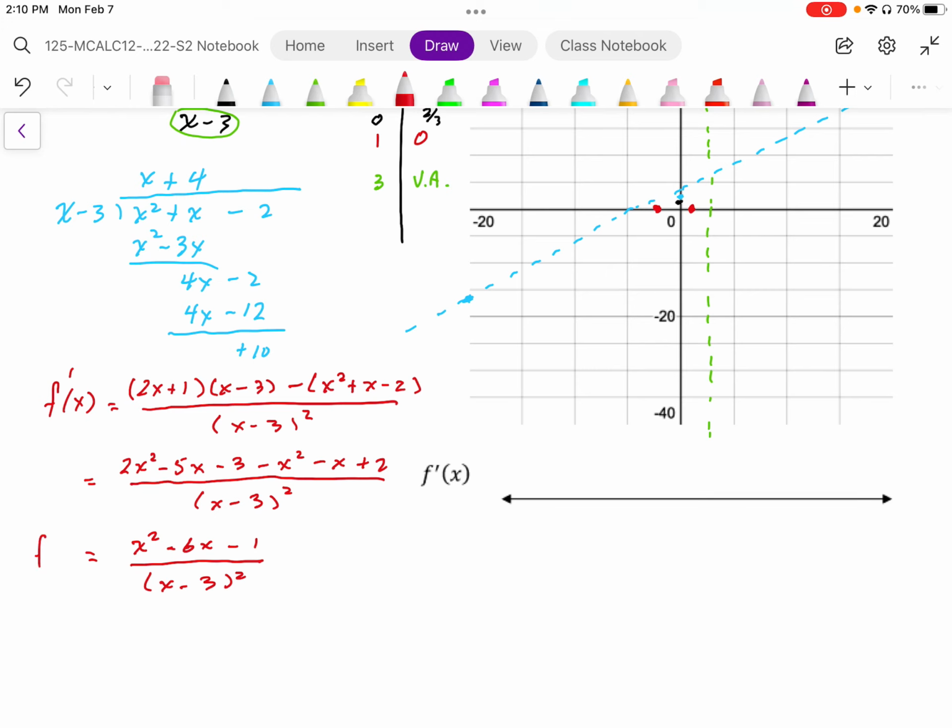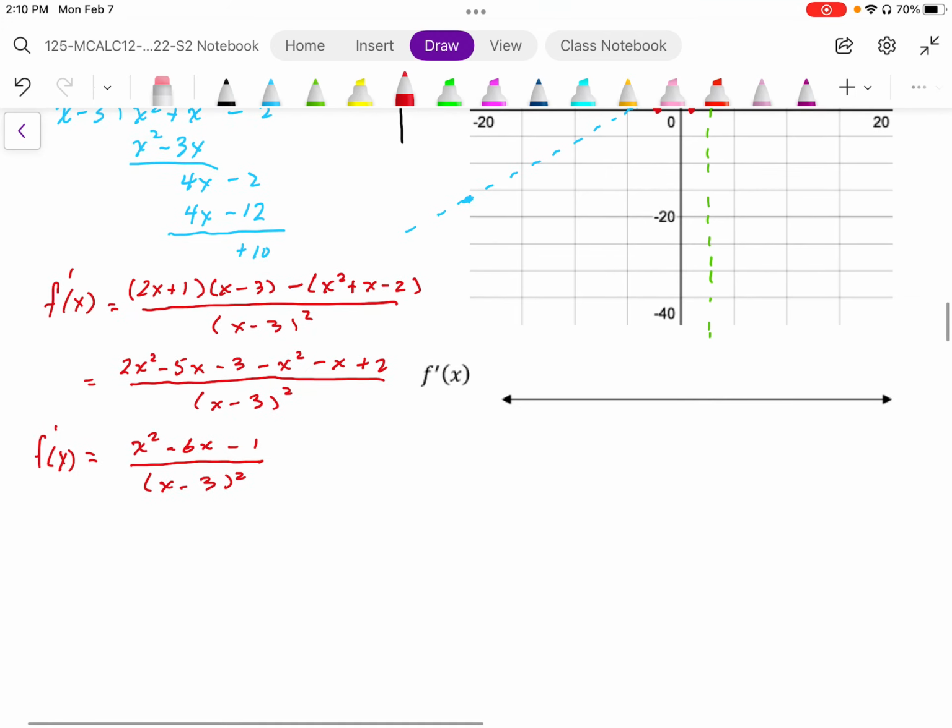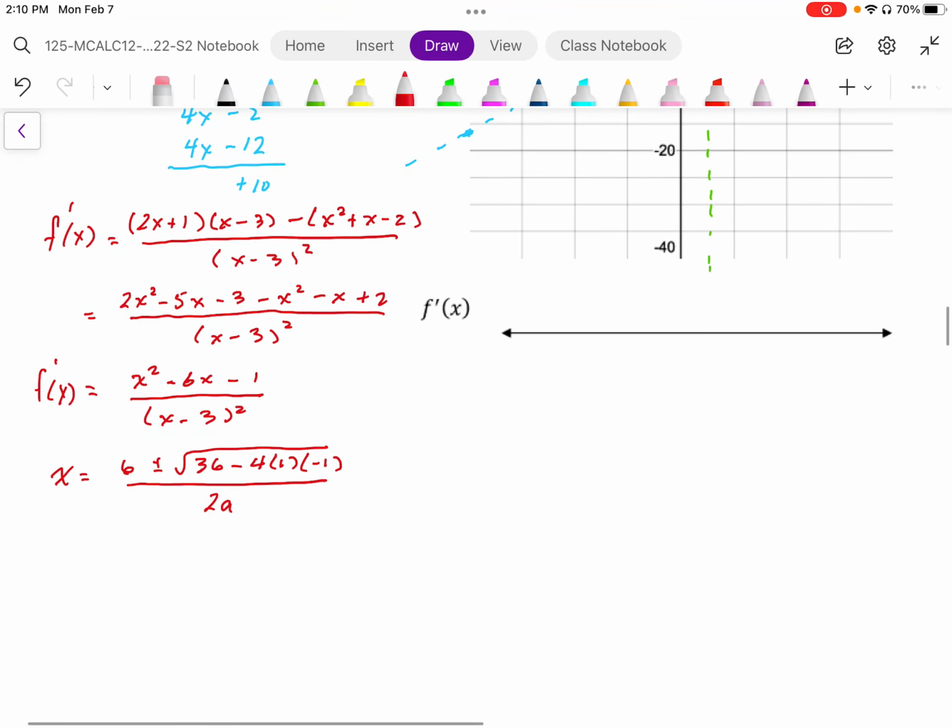So we want to find out where this is equal to 0. We need to use the quadratic formula. So x is equal to 6 plus or minus the square root of 36 minus 4 times a times c, which is -1, all over 2a. Sorry, 2a is 1, so just 2.